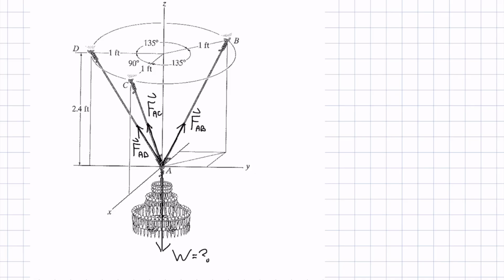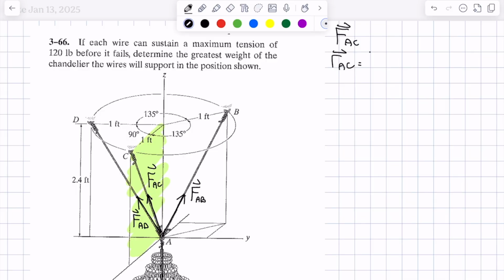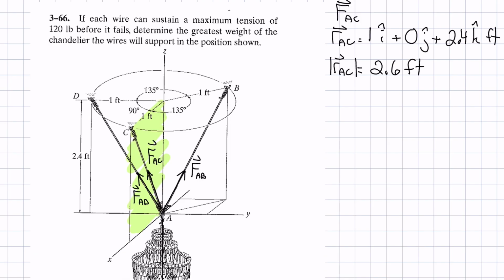So the first thing I need to do is figure out all my force vectors in IJK. We'll try and figure out what FAC is first. RAC is all in the XZ plane. So this is just going to be 1 foot in the x-axis, nothing in the y, and plus 2.4 feet in the k. Now, that is going to give you an overall magnitude of 2.6 feet.